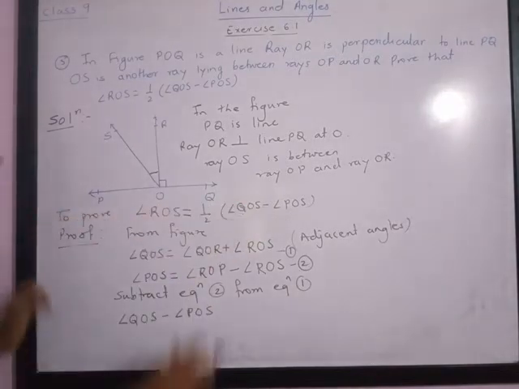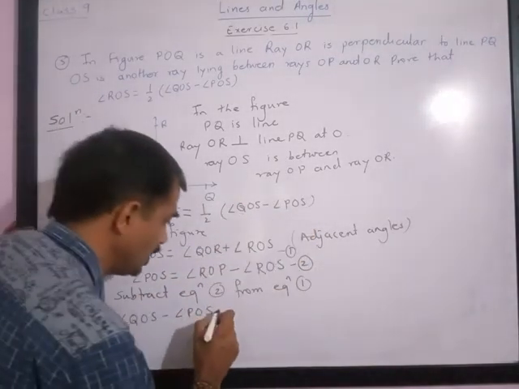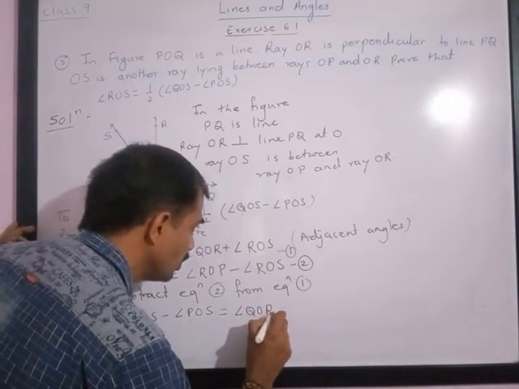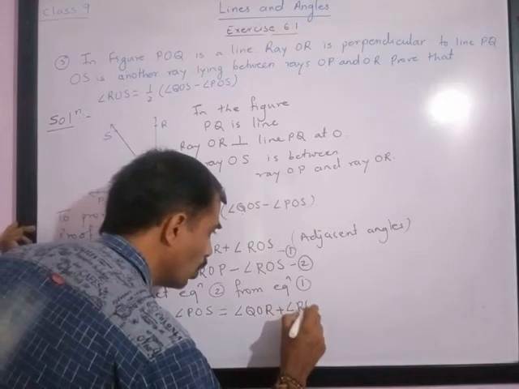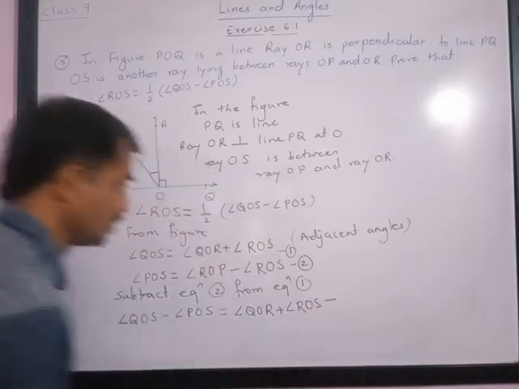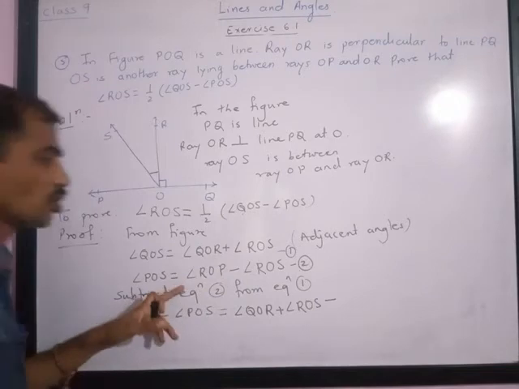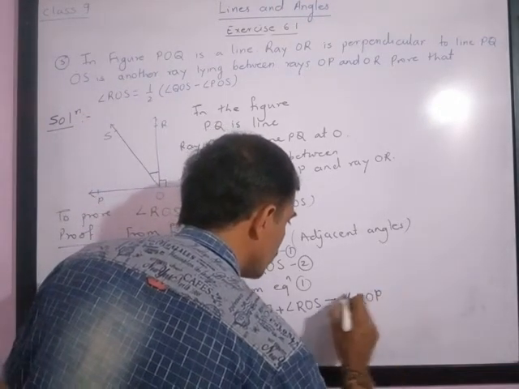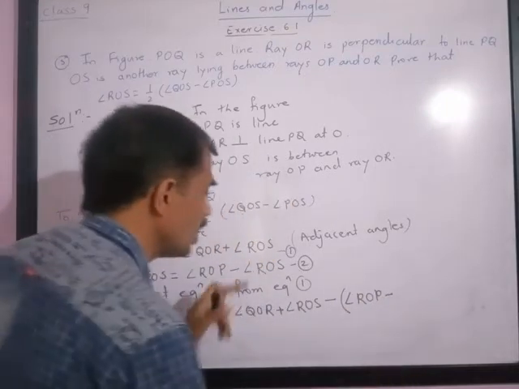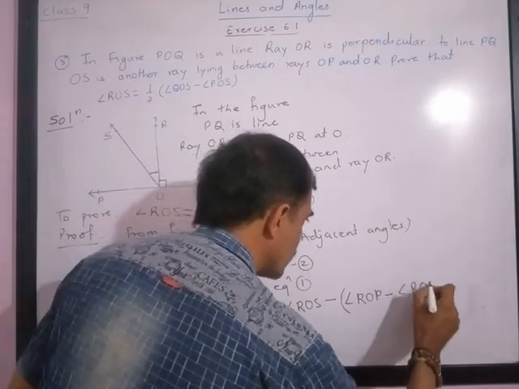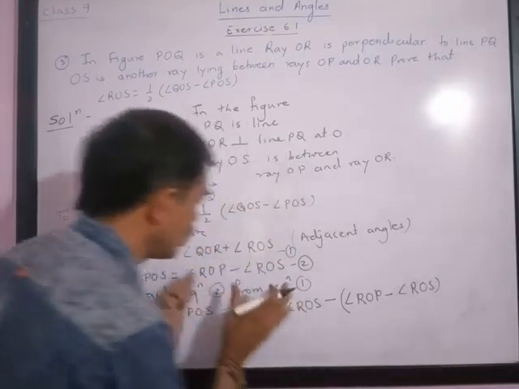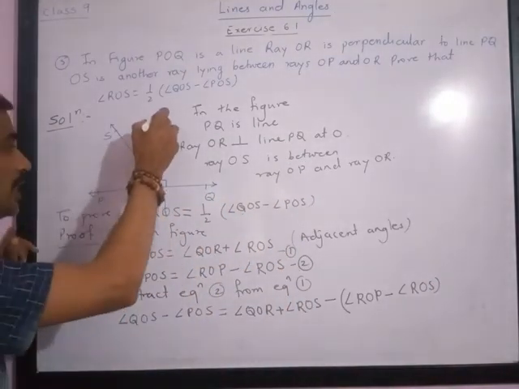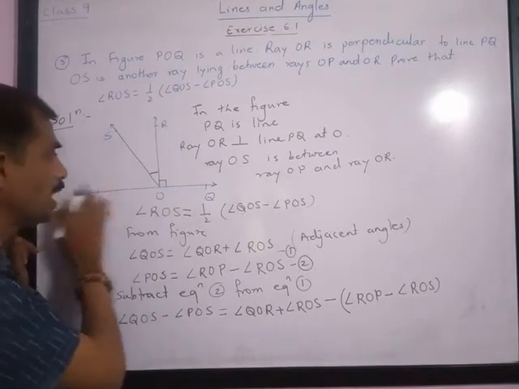Please note, RHS will be angle QOR plus angle ROS minus, we are subtracting the second equation, so angle ROP minus angle ROS. This total must be subtracted. Now see, we are given that OR is perpendicular to PQ.